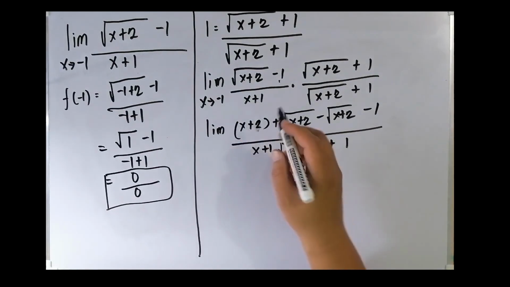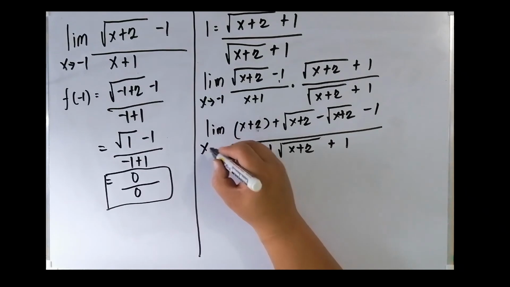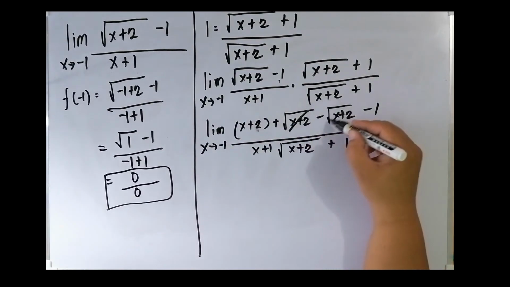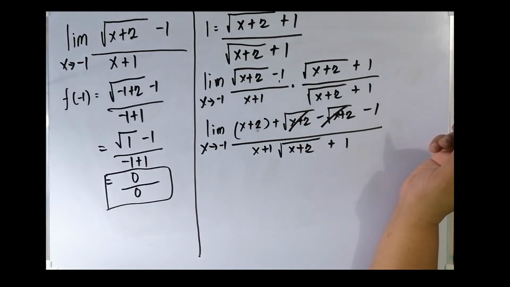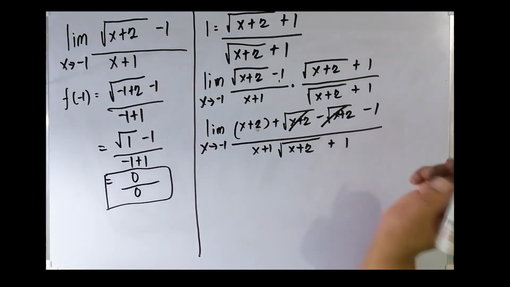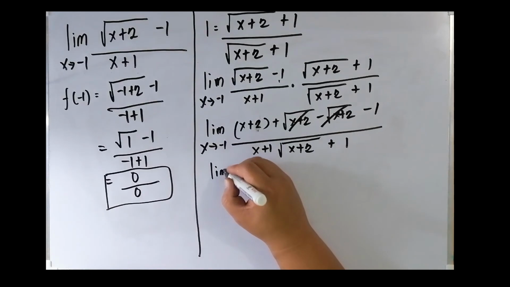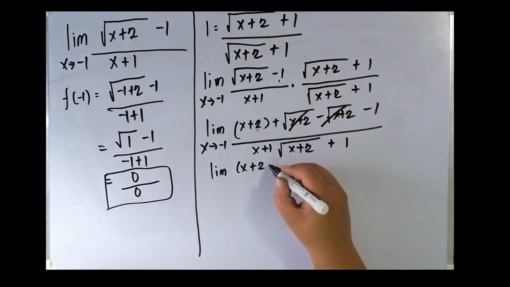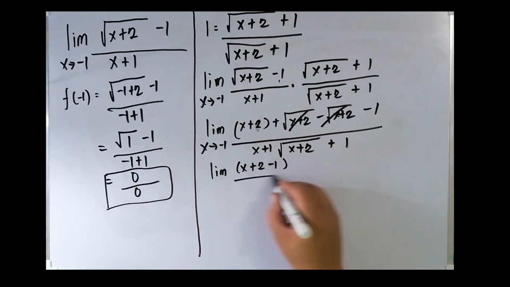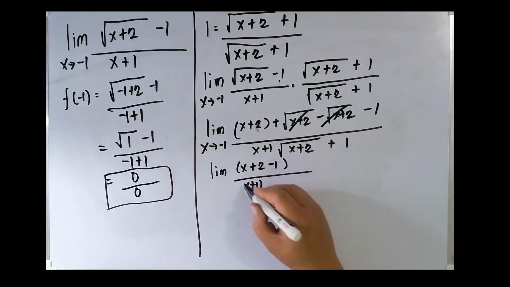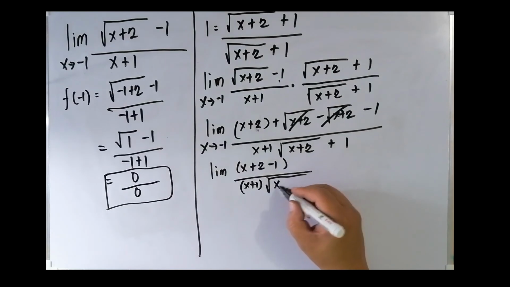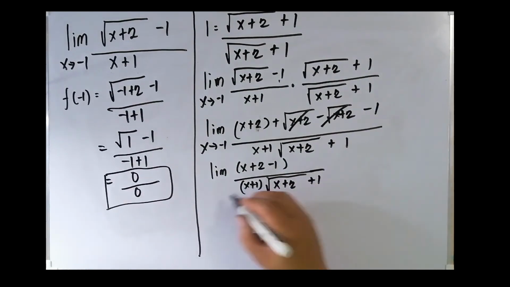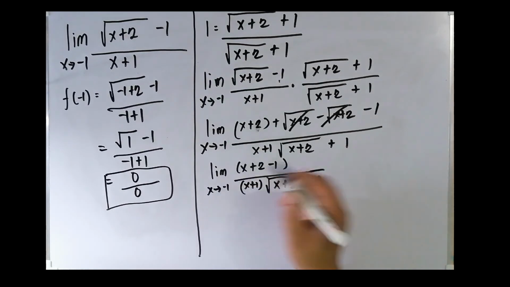So, simplify and this is approaching negative 1. Again, simplify natin. Magka-cancel out ito kasi 0 na siya. And then, we have the limit of x plus 2 minus 1 all over x plus 1 times square root of x plus 2 plus 1 as x approaches negative 1.